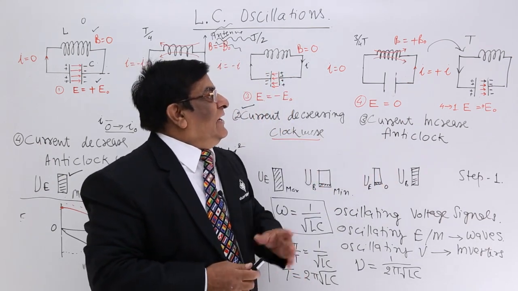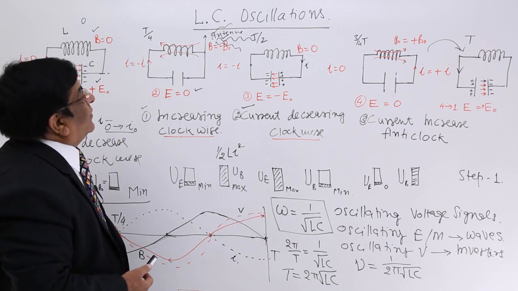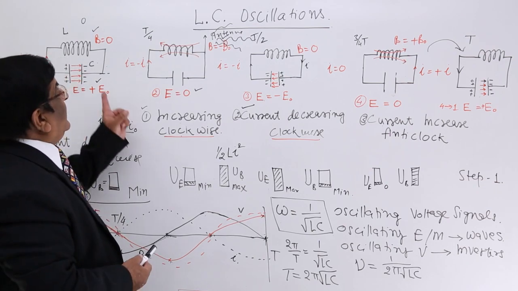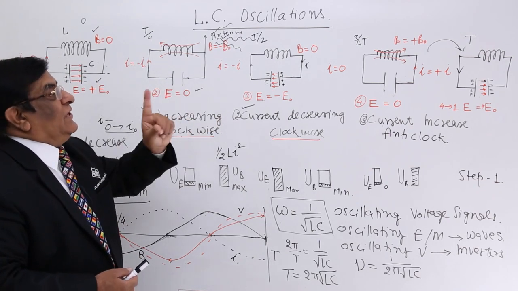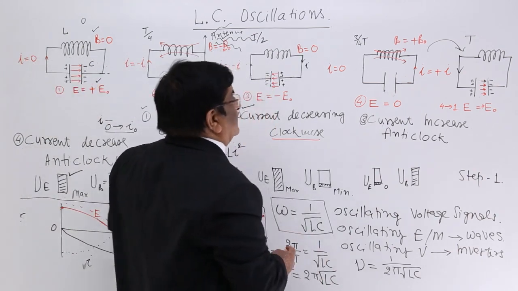Now these oscillations, will they go on forever without an energy supply? We have understood how the oscillation takes place. Is there any loss of energy? The answer is yes.